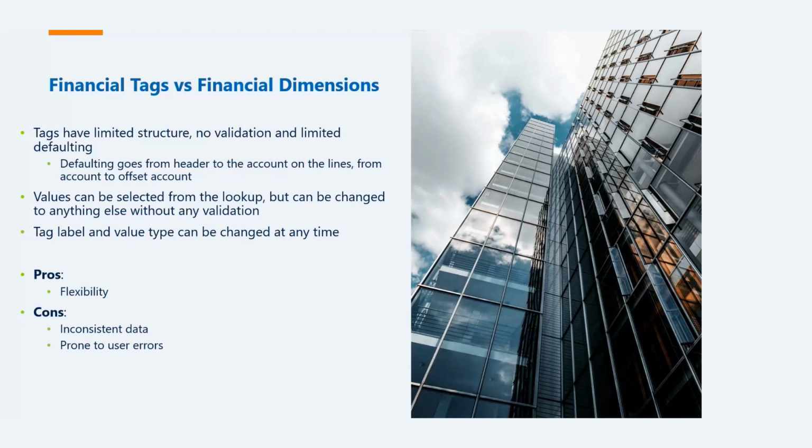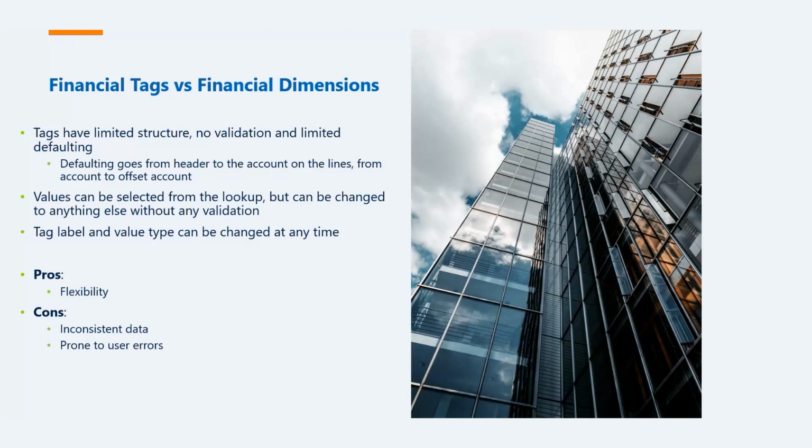Those get inherited to the account, and from account, it gets inherited to offset account. So kind of similar to financial dimensions, but I would say financial dimensions are much more complicated than this one. Yeah, then if we go back to validation, values can be selected from the lookup. I will show you how it looks. Lookup can be from table or from your custom data set.